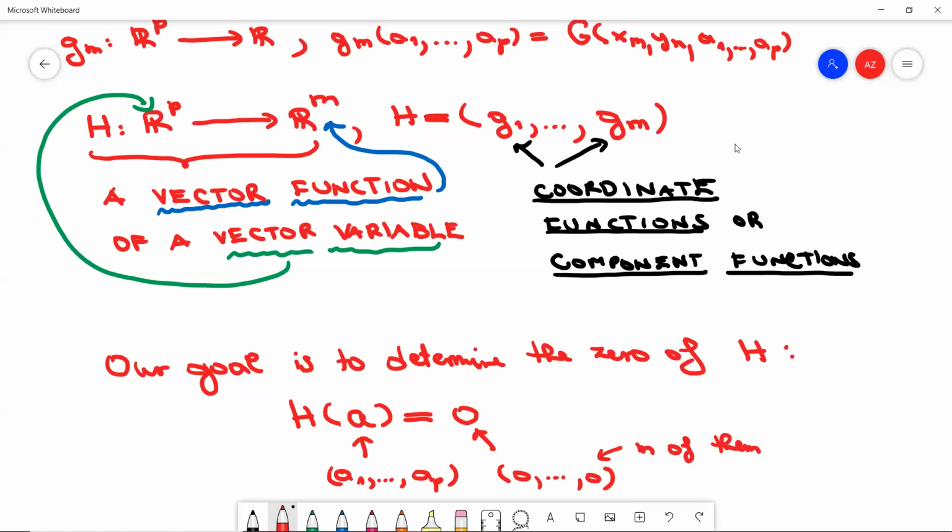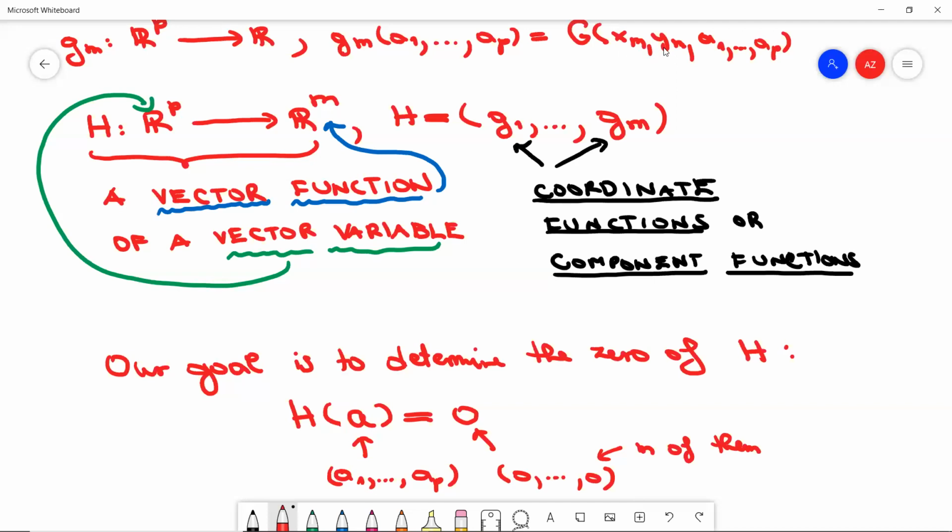And then we introduced a new function capital G, which was f of x, a1 up to ap, minus y. So this was our capital G. And then we plug into this capital G all the data points, x1, y1 up to xm, ym.